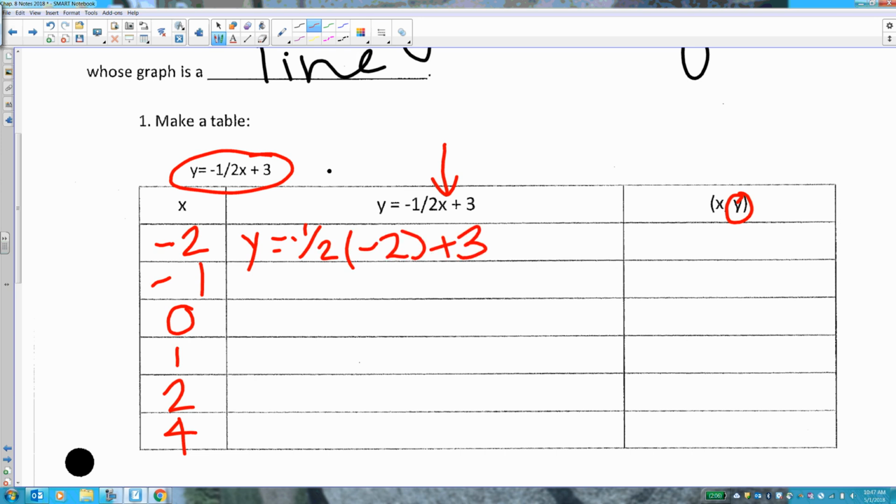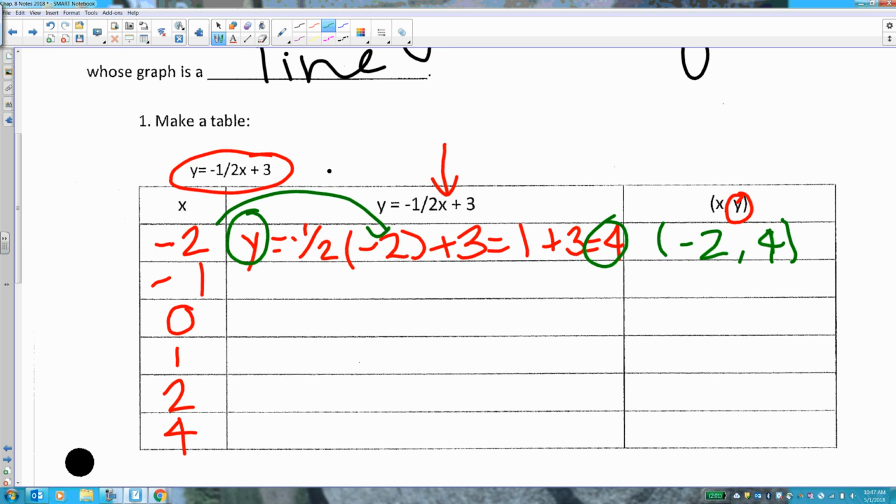And you can use a calculator, but you don't have to. So -1/2 times -2 is 1. 1 plus 3 is 4. So my y is equal to 4. So now I have a coordinate pair, -2, 4. Because I picked -2, and when I plugged in -2 for x, I got 4.